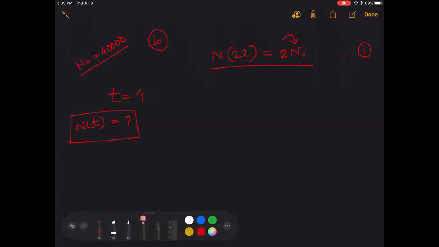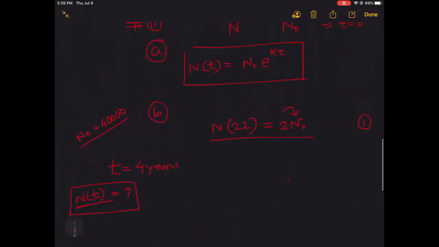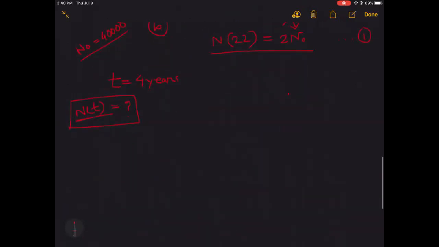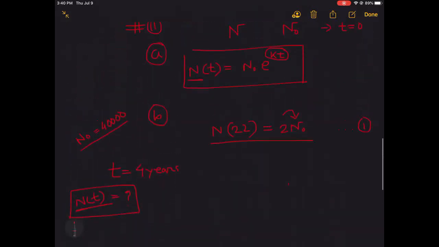So now we can see, as we are trying to calculate N from the given equation, we know that we still need to find out K, because finally we want N, okay?